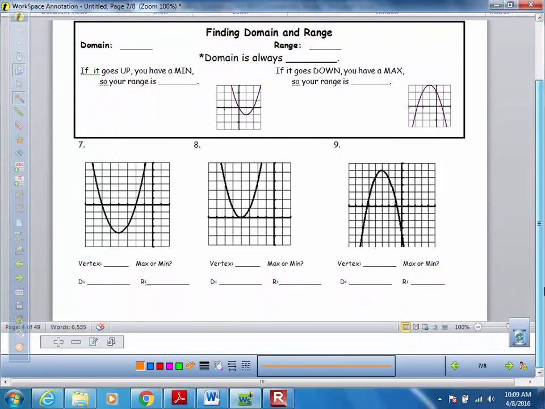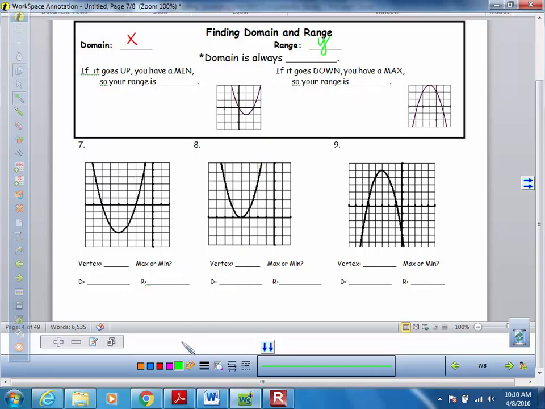Okay, so now we're on the back looking at domain and range. What you need to know about domain and range: domain is always my x value. And then, what? And then range is going to be my y.